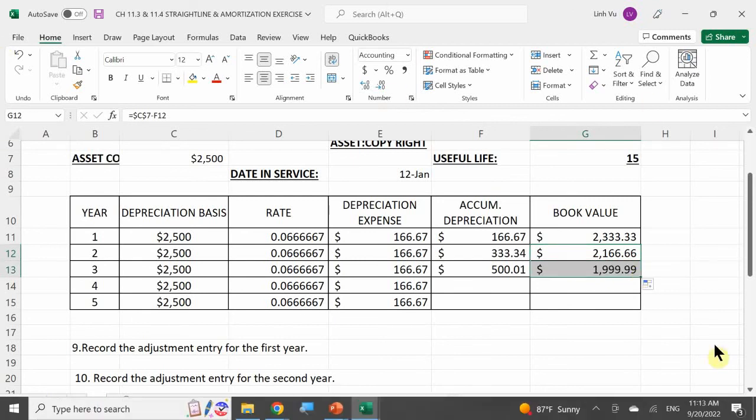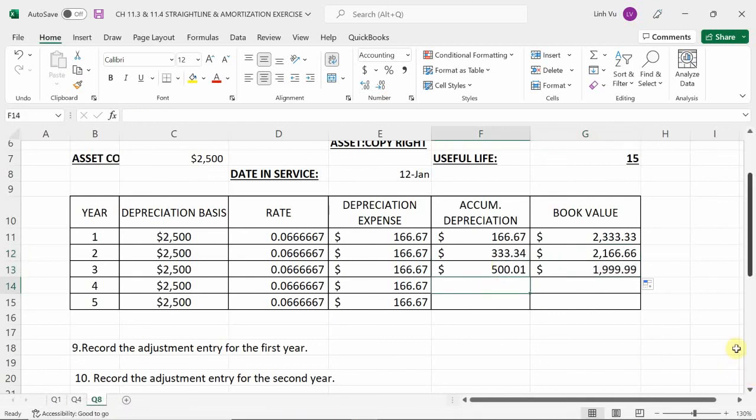$1,999.99. So then what's my accumulated going to be for the 4th year? $666.68. Good. So therefore, my book value will be $1,333.31.